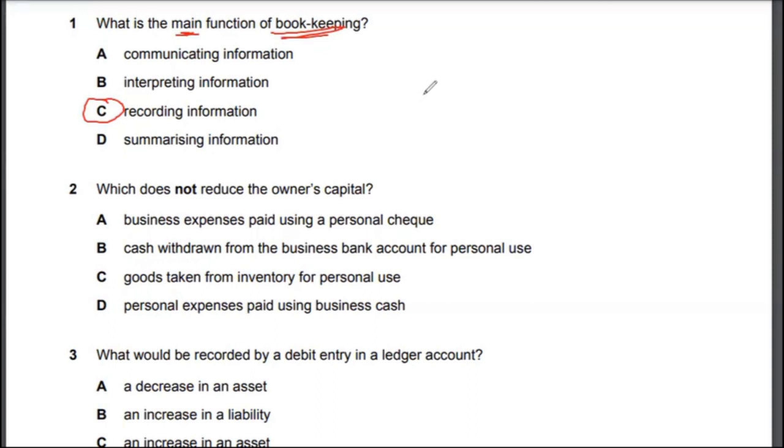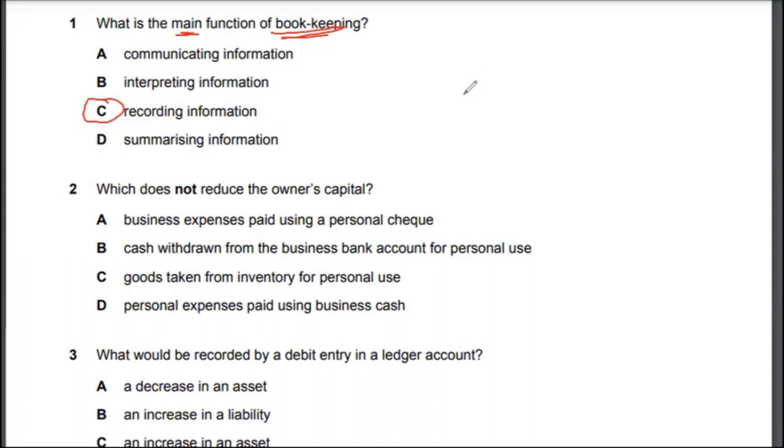Interpretation would be done by maybe financial analysis, and probably won't be done by the bookkeeper unless the firm is very small. Multiple choice questions may not have the 100% true answer, but sometimes it has to be the closer answer. So the main function of bookkeeping is recording the accounting information, and therefore option C is the correct answer.